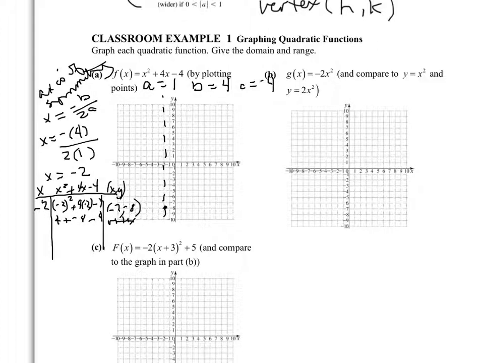So I want to choose something not very far away from my axis of symmetry, and I'll plug that in for x. You probably recognize that 0 is a useful number to plug in. And if I were to do that, an interesting thing will happen.